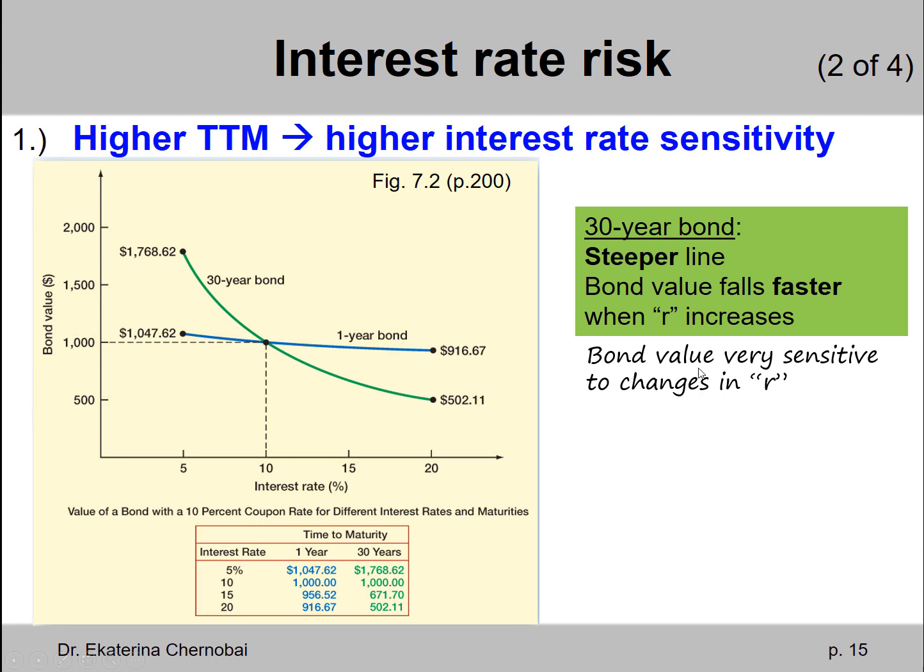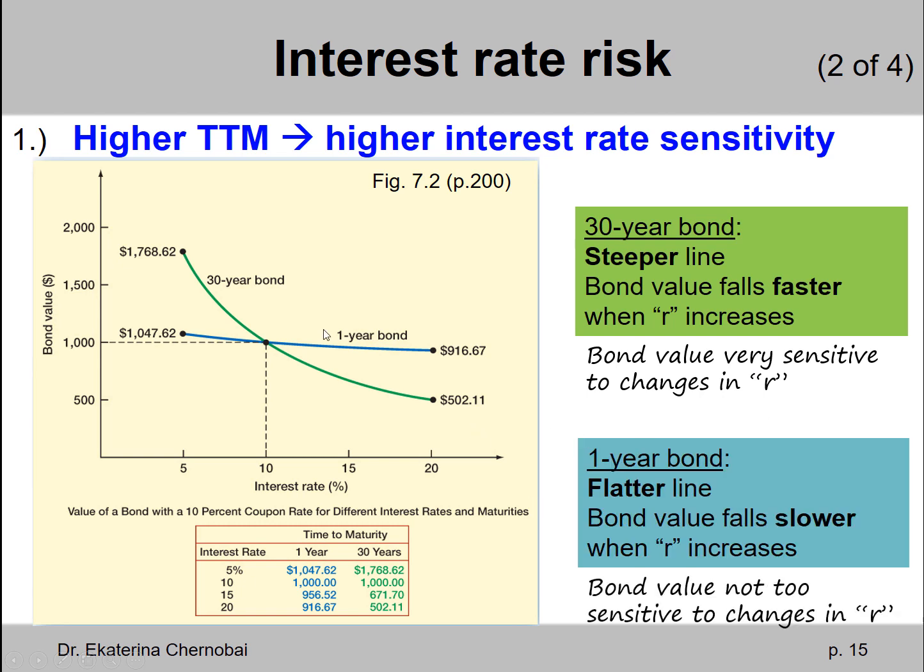So the bond value is very sensitive to changes in the interest rates, in the yield to maturity, right? Whereas the 1-year bond with a flatter line has little fluctuations in bond value when the interest rate is changed, right? There's almost no effect on the bond value.